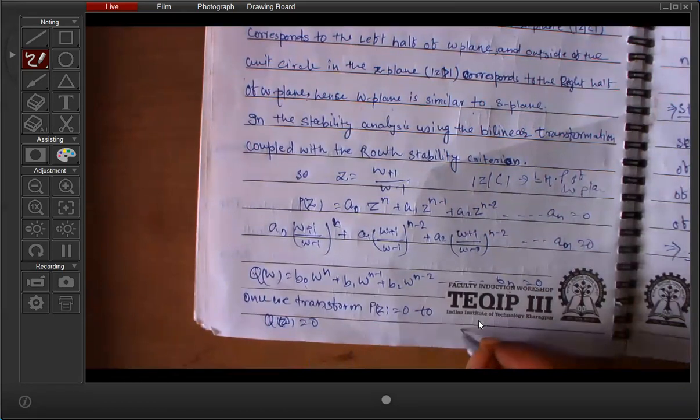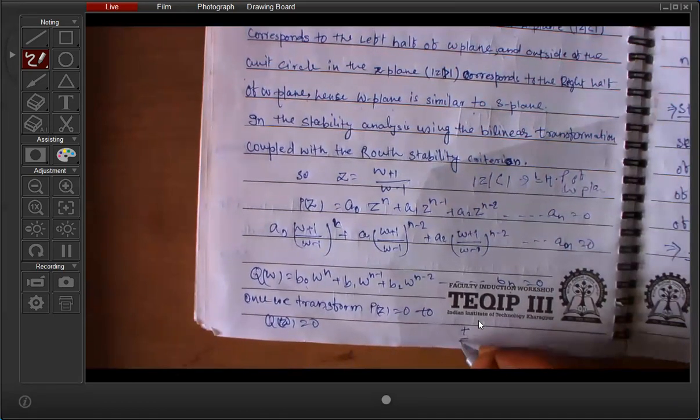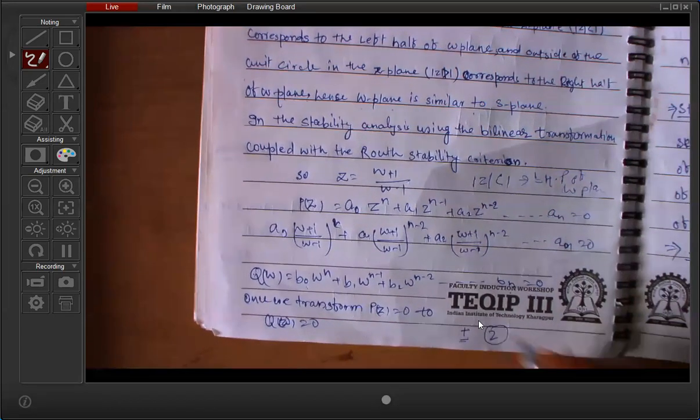Suppose from the Routh-Hurwitz criteria the total number of sign changes is equal to 2. That means the system is unstable in the z plane, and the total number of roots of the characteristic equation outside the unit circle in the z plane is equal to 2.